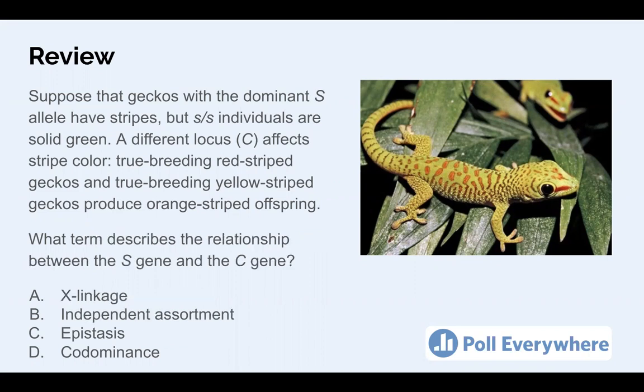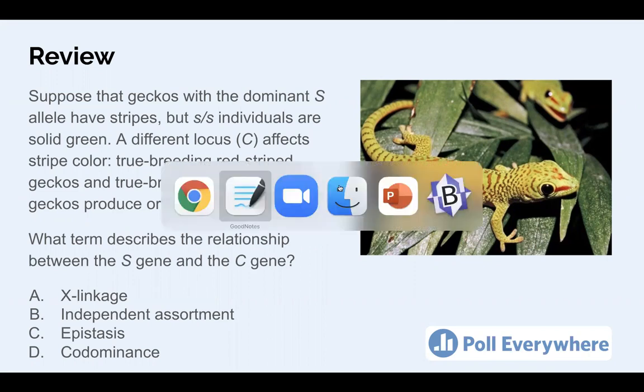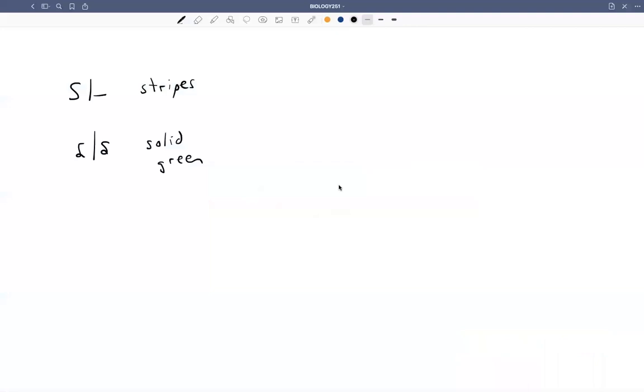And then we've got this other, so we've got stripes or no stripes, and then the color of stripes. So we've got a situation where one gene is going to tell us whether we see the phenotype of the other gene.